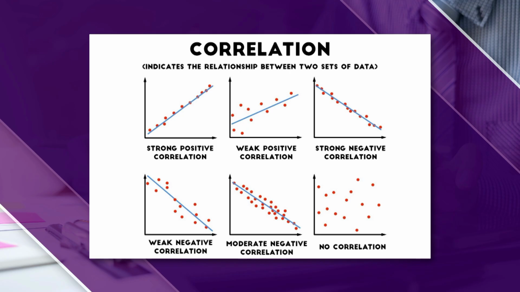The lower part is on the right, and we are moving towards the left. A weak negative correlation is depicted this way, and a moderate negative correlation could be expressed this way. No correlation could look like this.